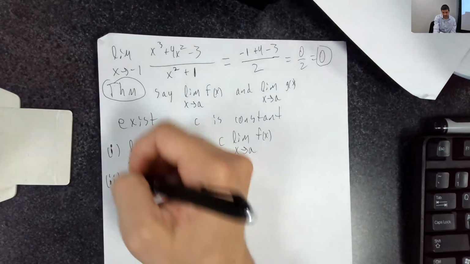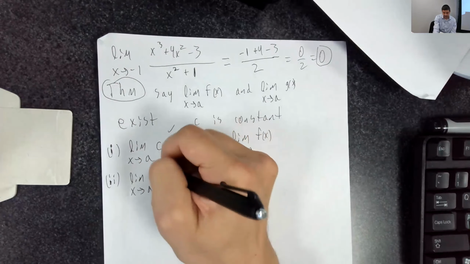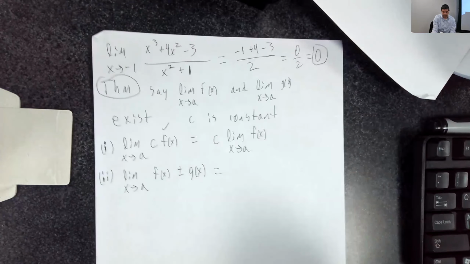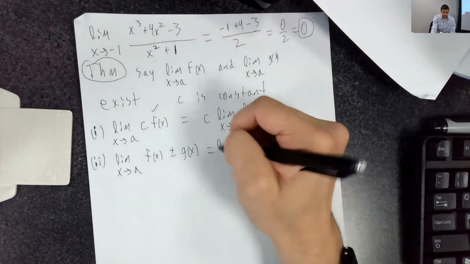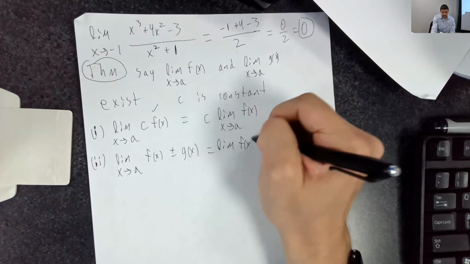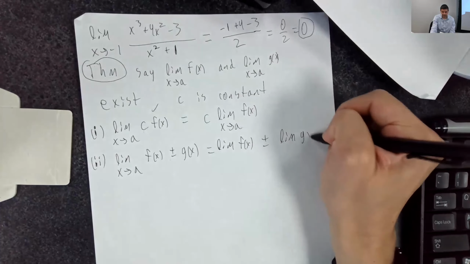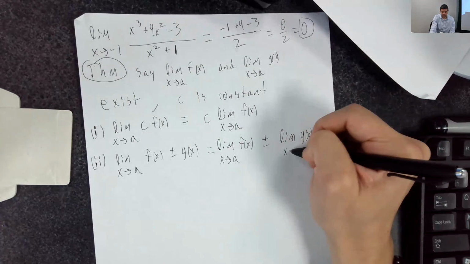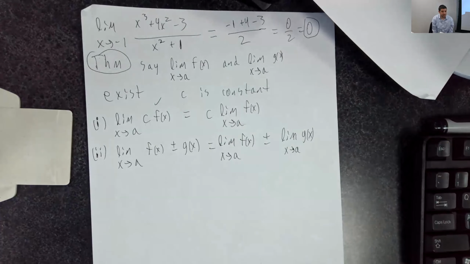And this works for a lot of things. Like the limit as x goes to a of f of x plus or minus g of x: you could do each limit separately, the limit of f of x plus or minus the limit of g of x. It lets you break up the pieces, basically.